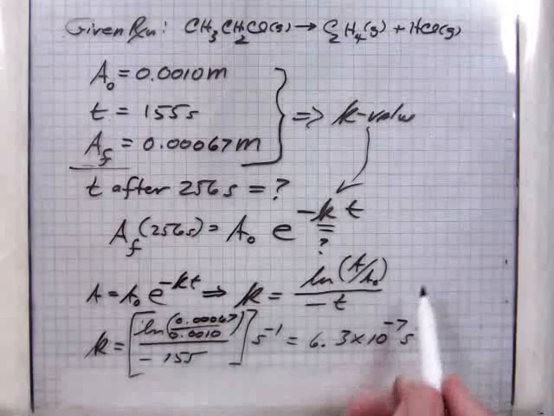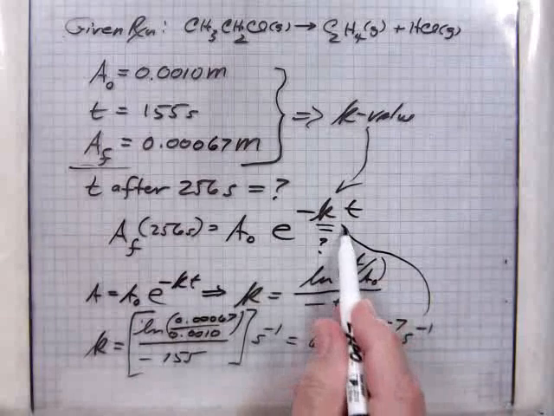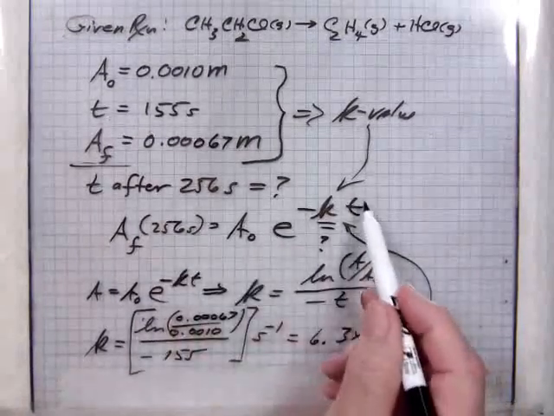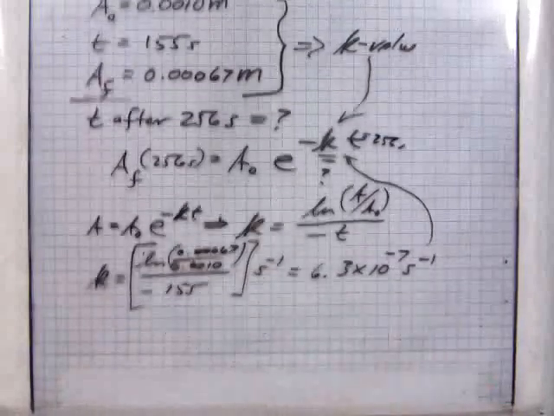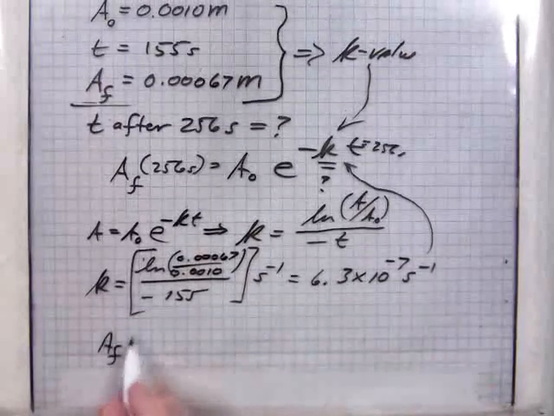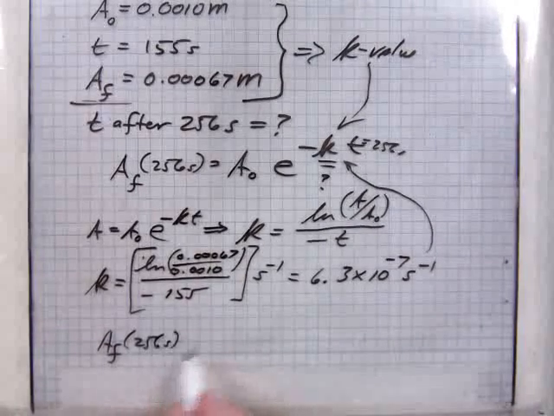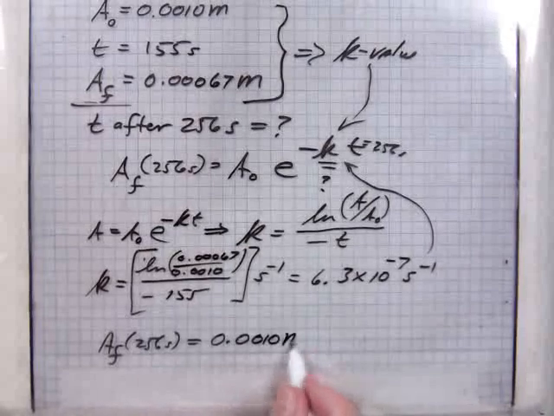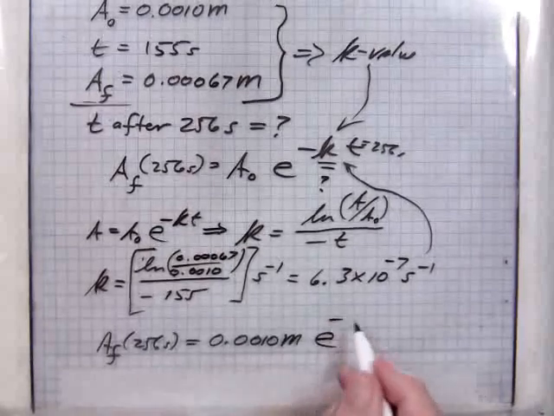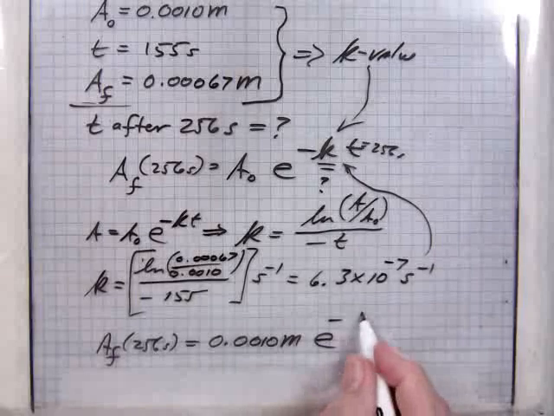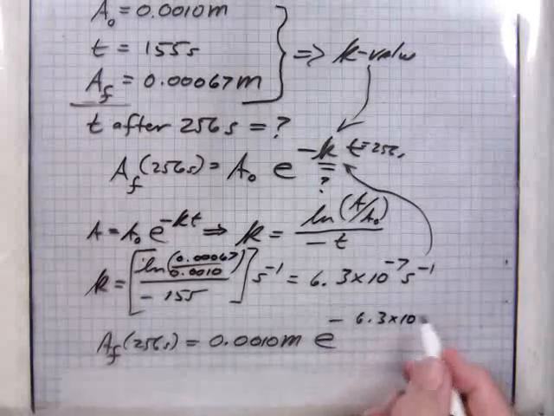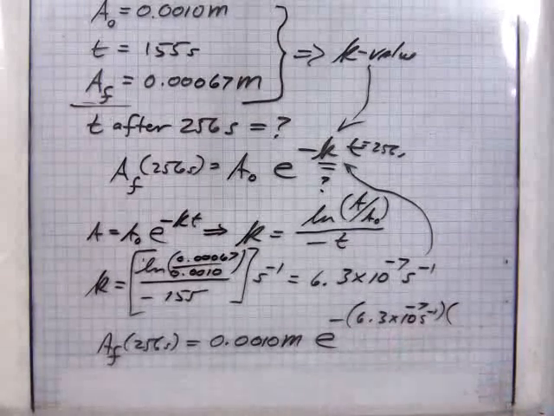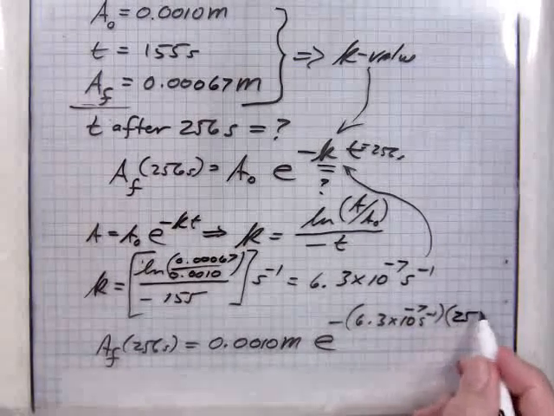Now that is applied to the second part with the time of 256 seconds. So your final at 256 seconds now is 0.0010 molar e to the minus 6.3 times 10 to the minus 7 seconds to the minus 1 times 256 seconds.